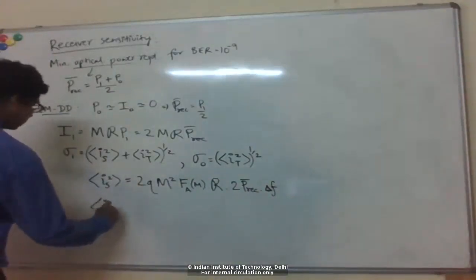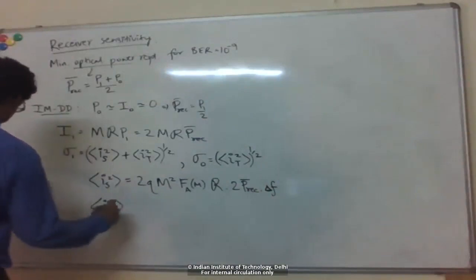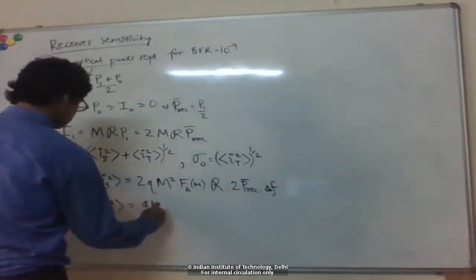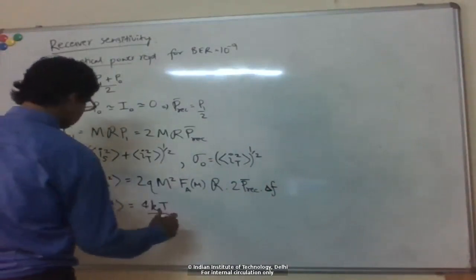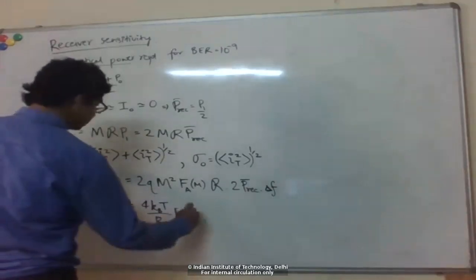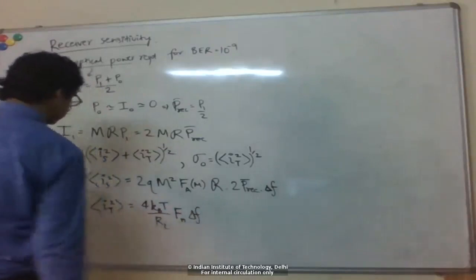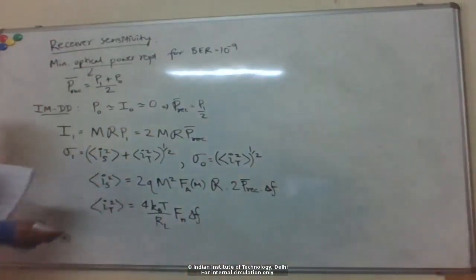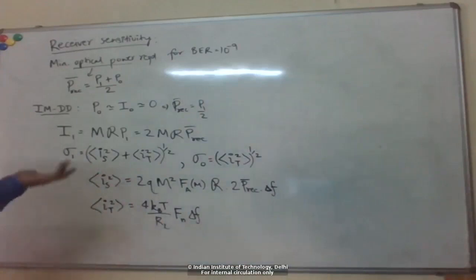If you look at the thermal noise, recall that went like this: temperature and then load resistance, this amplifier noise factor, and the bandwidth of the detector. Okay, so to calculate the BER, basically we derived last time, right?